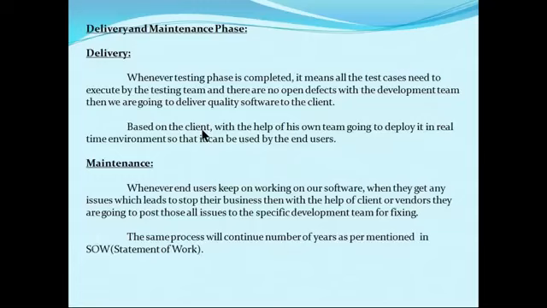Open defects means still being worked on by the developer. I cannot deliver to the customer with open defects. Nobody can do that. Before we deliver any product to the customer, we need to ensure that whatever test cases are required for that version should be executed. All test cases should be passed, and there should not be any open defects with the development team.